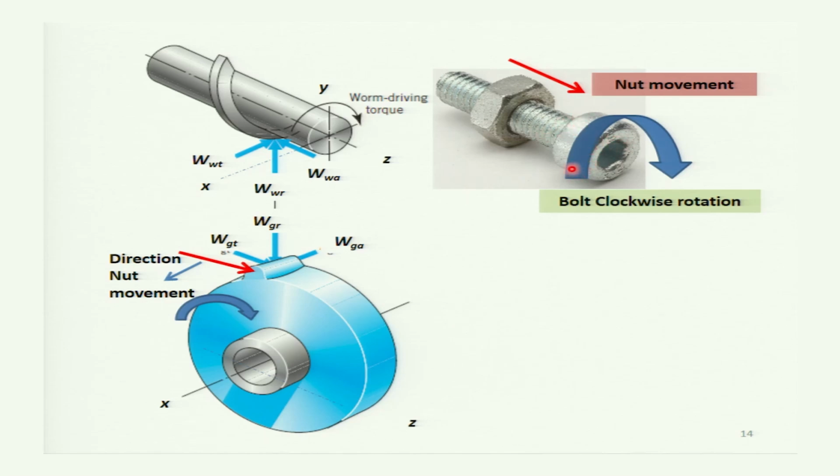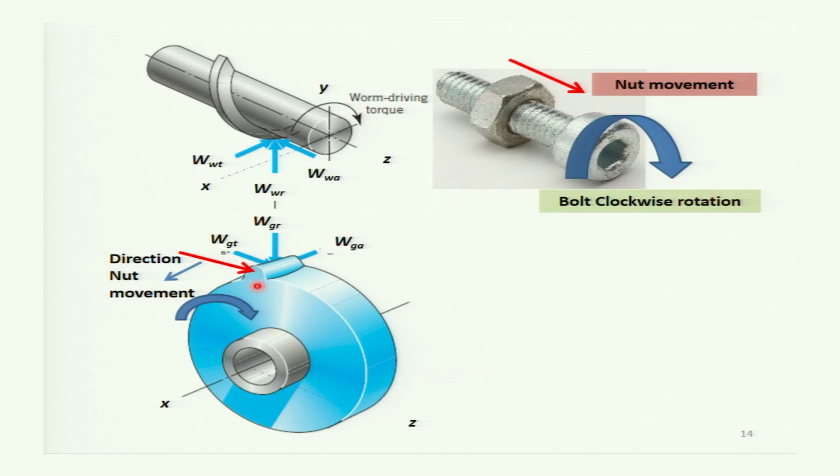If the head is given clockwise motion and the thread is left hand, then the nut will move in the opposite direction, as shown by this red arrow. So, if the thread on the worm is right hand and rotary motion is given to the worm in the clockwise direction, then the meshed element will move this way, in the positive z direction.